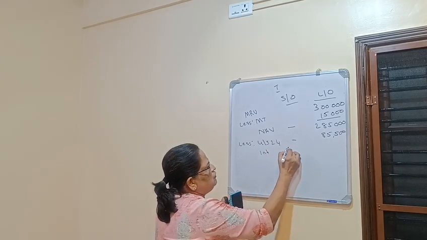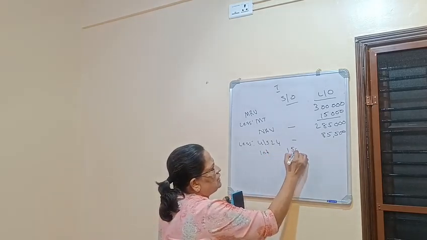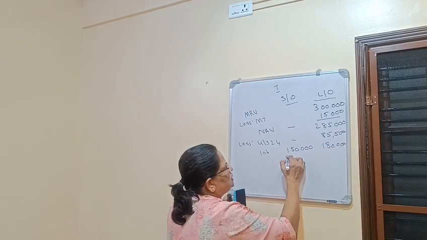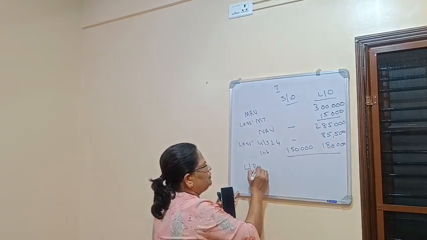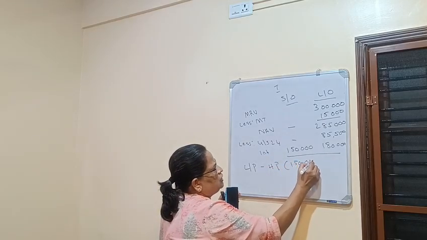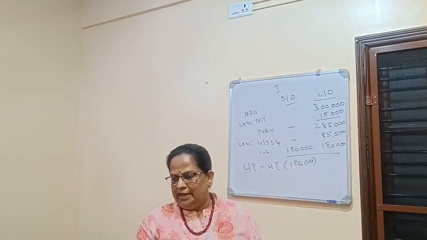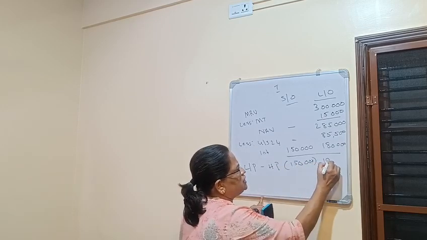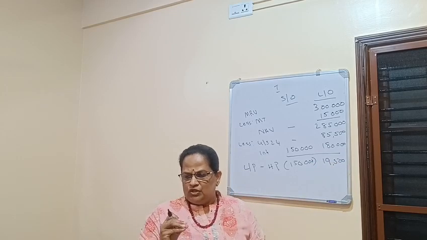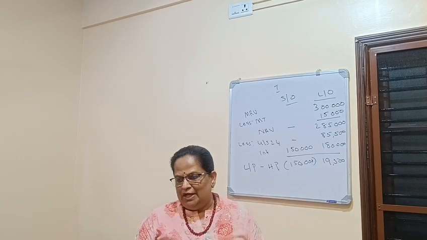Interest on loan, it's allowed as per the old scheme, it is 1,50,000 and here it is 1,80,000. So here loss or profit from house property. Here it is 1,50,000 loss and here it is 19,500 profit.